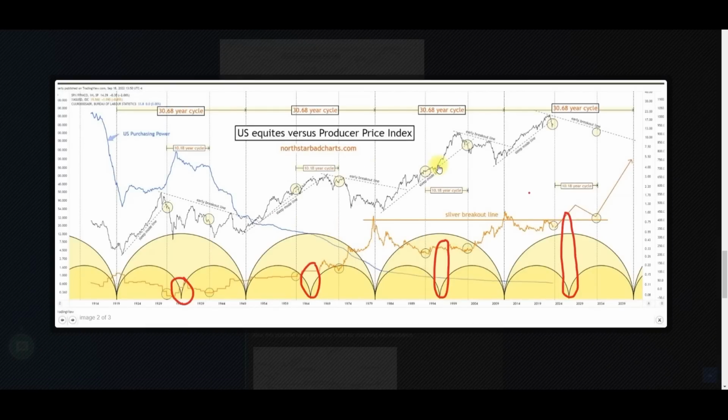It all depends what U.S. equities do. So let's look at 1939. See that support line right here, guys? That was it for the 30-year cycle when the bubble busted in 1929, 1930. U.S. equities needed all that time just to come to a bottom versus PPI, and they needed even more time.